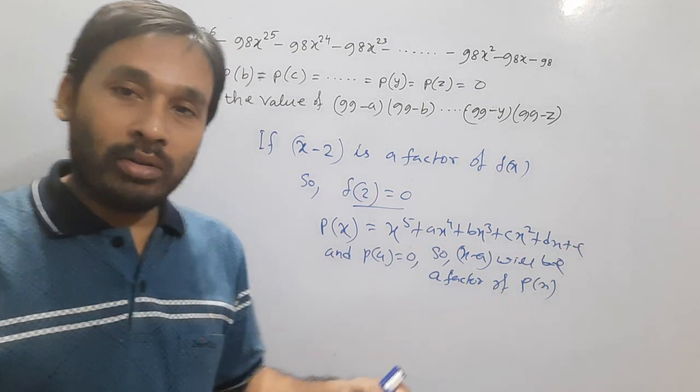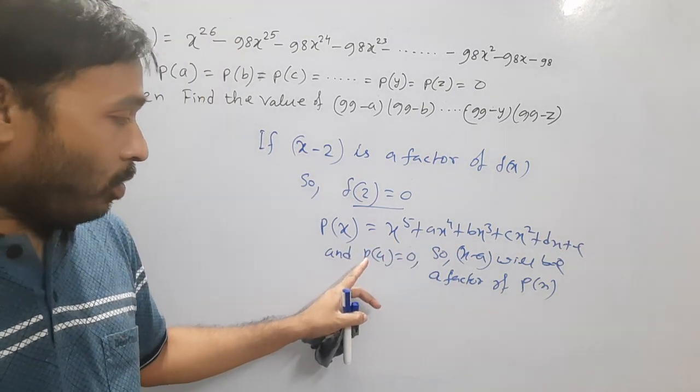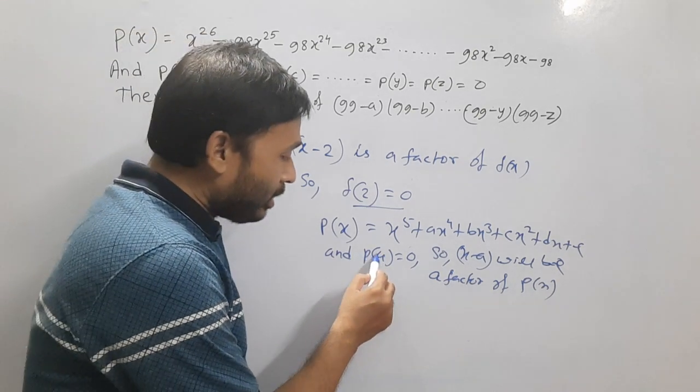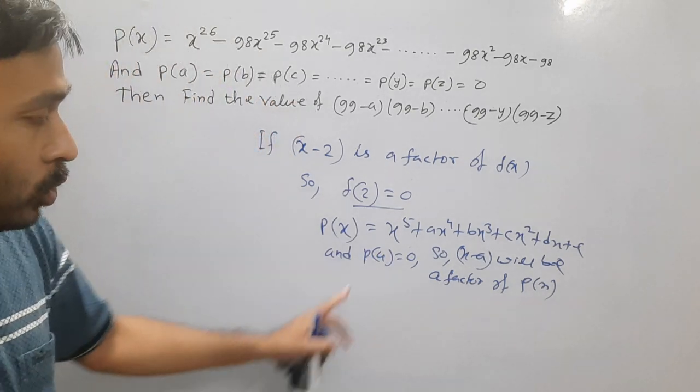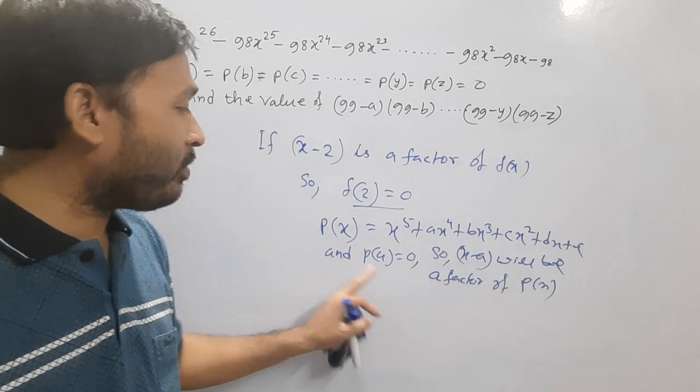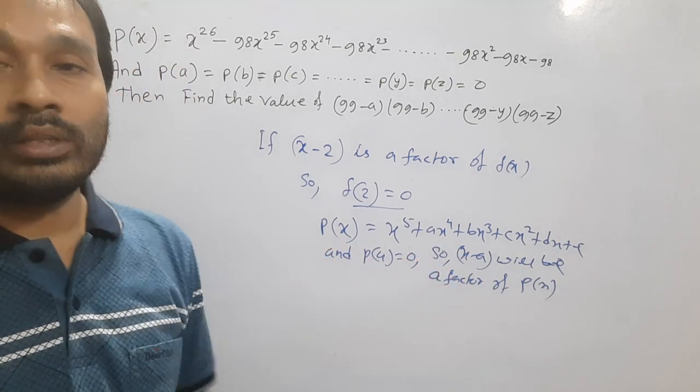There will be other factors, but when p of a is equal to 0, x minus a will be a factor of p of x. Clear?